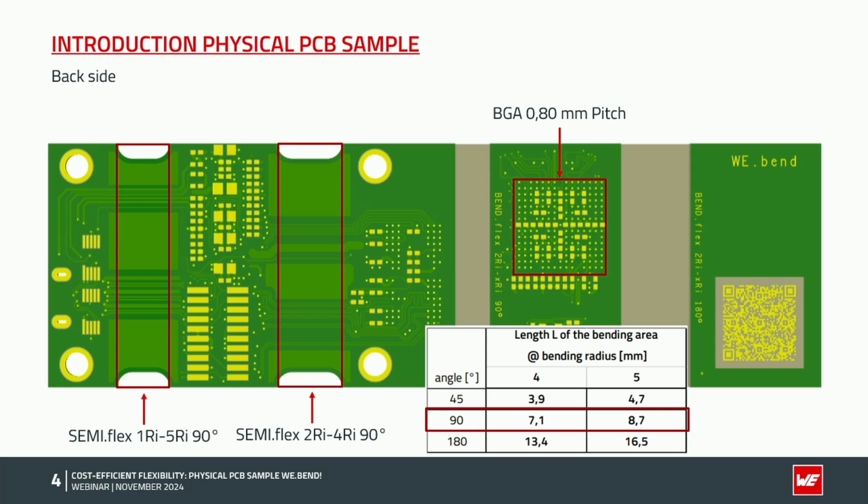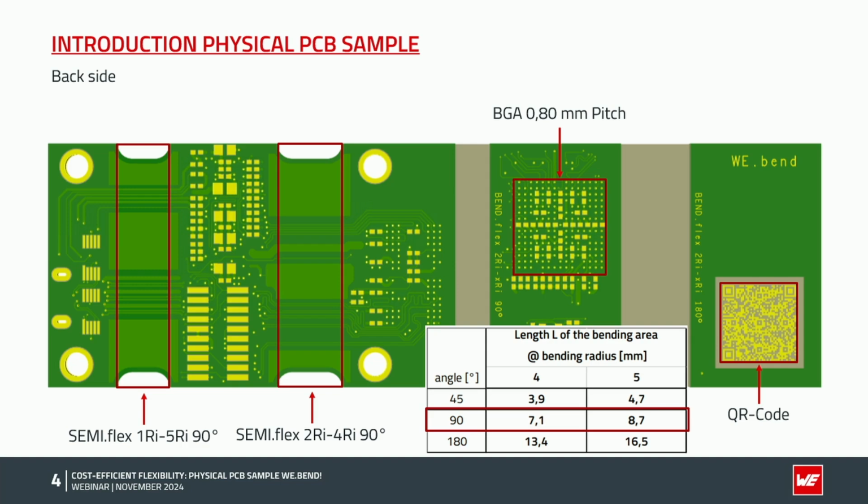You can also see that we have small radii at the flex rigid intersection, and those are needed to have enough stability between the semi-flex area and the rigid area. This is only needed for semi-flex, not for bend flex.